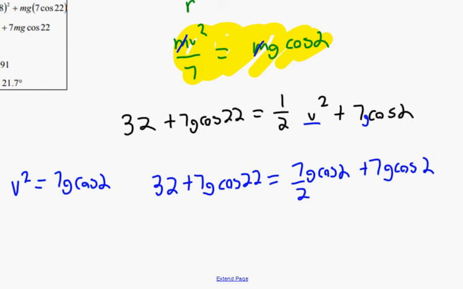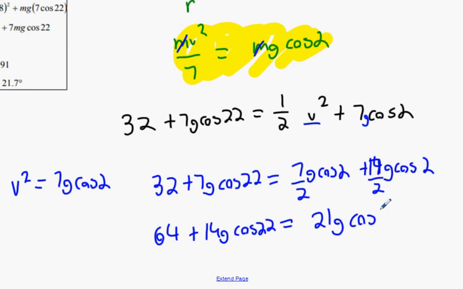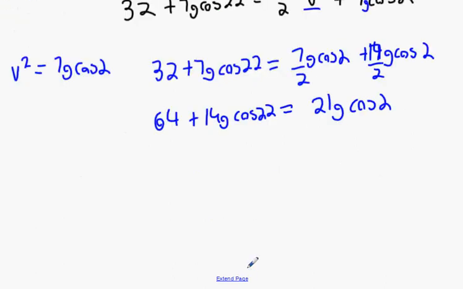Now, finally, to get rid of this all, put everything over 2 again. So that's 64, 14g cos 22. Call that 14g over 2. So 14g plus 7g, 21g cos alpha. So we're going to have a bit of cos inversing to do.